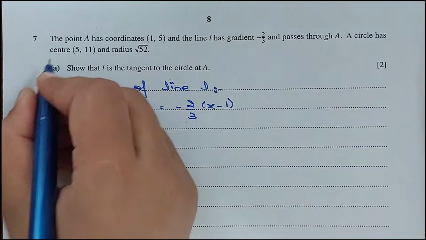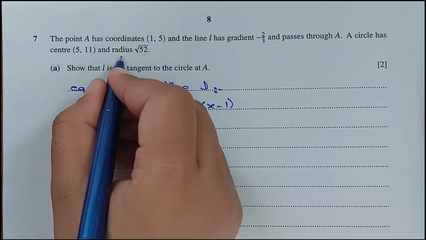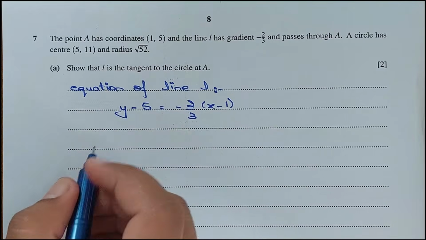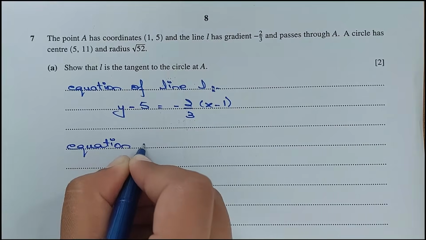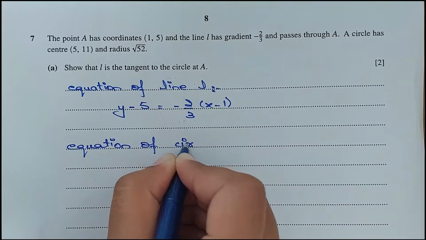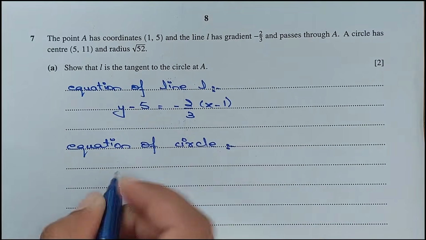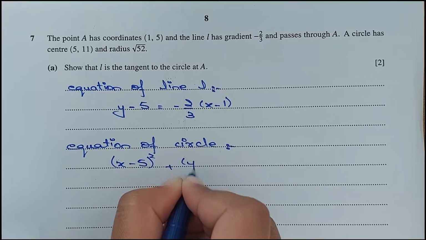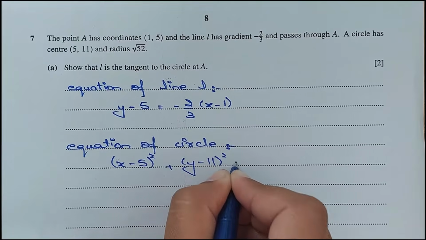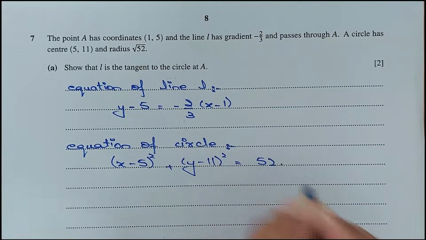A circle has the center 5, 11 and radius square root of 52. Now let me write down the equation of the circle, which is x minus 5 whole square plus y minus 11 whole square. This would be equal to 52, right?